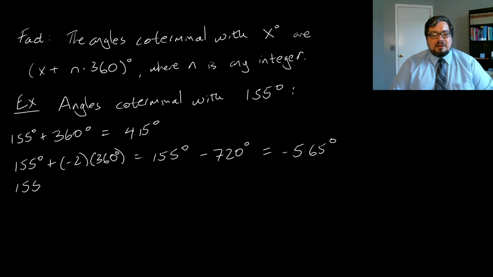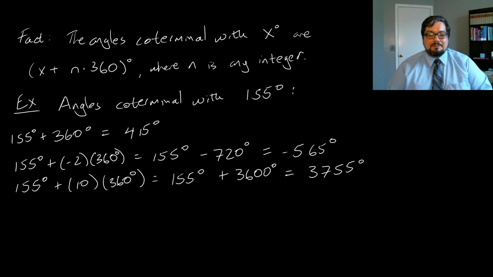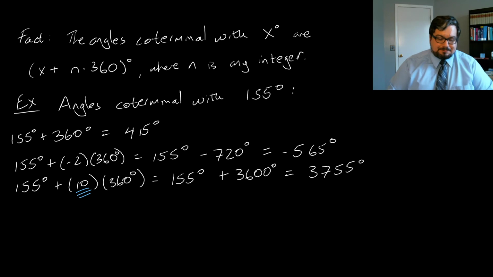We could, in fact, go even bigger. We could look at 155 degrees plus 10 times 360 degrees. That's going to give us another angle that's coterminal with 155 degrees, 3,755 degrees. Now this involves running around the whole circle 10 times and then moving another 155 degrees.